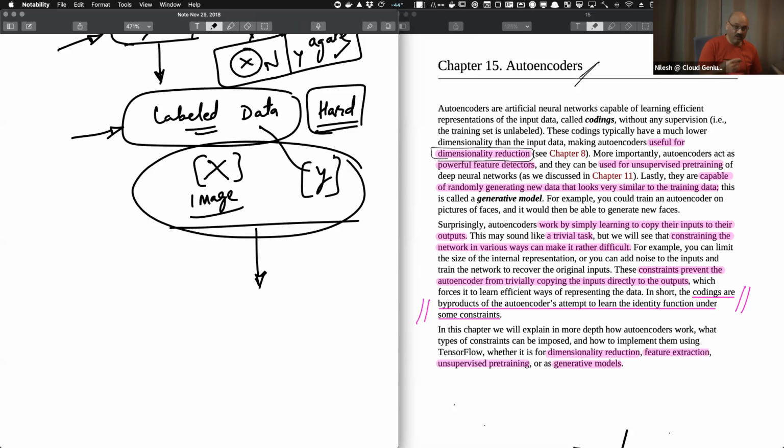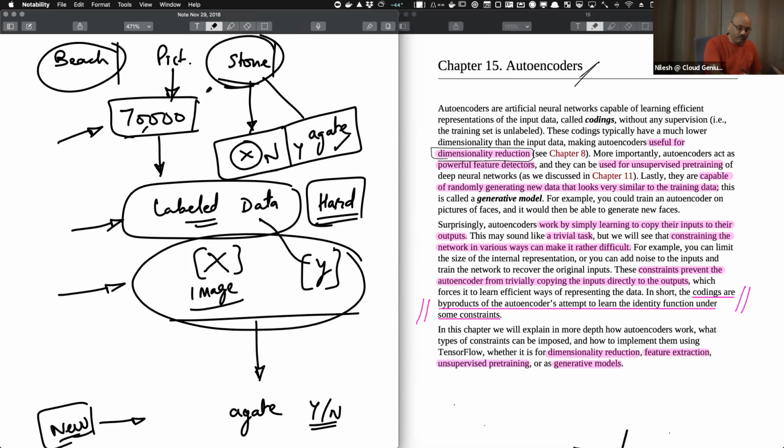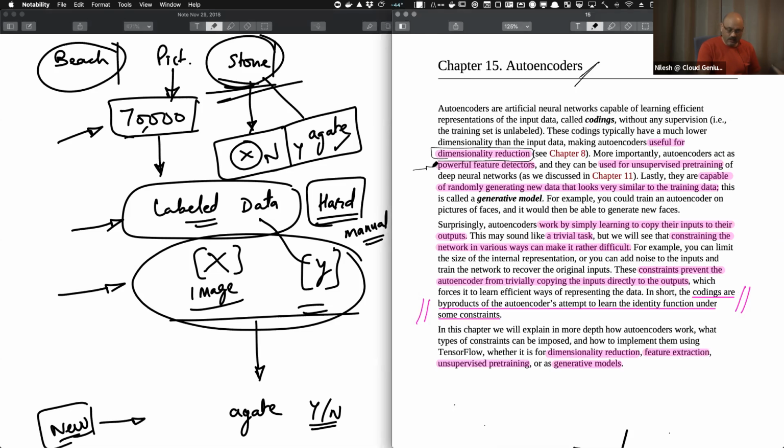And then that algorithm will learn to decide whether a new picture that you feed is agate, yes or no. So that's a classification problem, that we have this data set that we collect from the field. Go to a beach, collect pictures, bring them, classify them manually. That's a manual step.